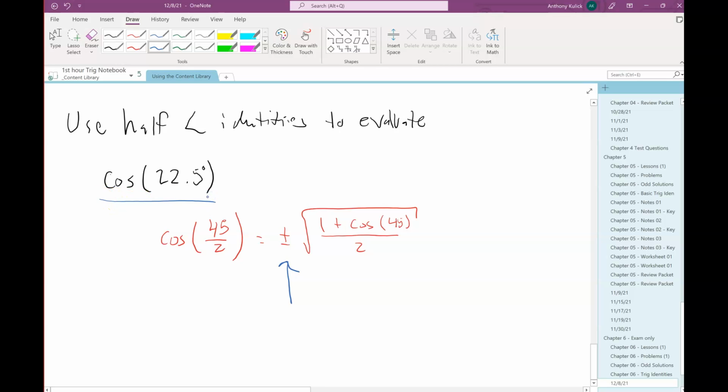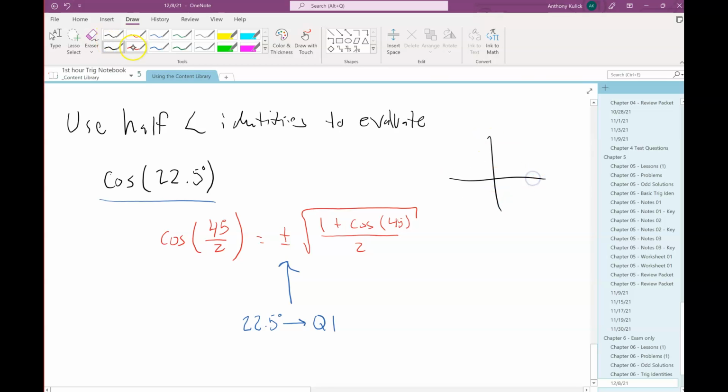We're doing the cosine of 22.5, right? What quadrant is 22.5 in? Quadrant 1, 2, 3, 4. That's in Q1. Everybody cool with that? Yes? You know that because you got 45.